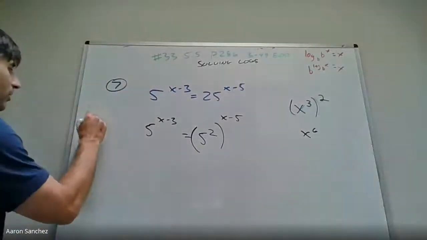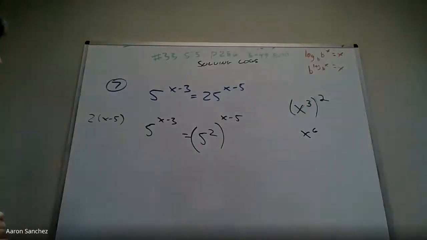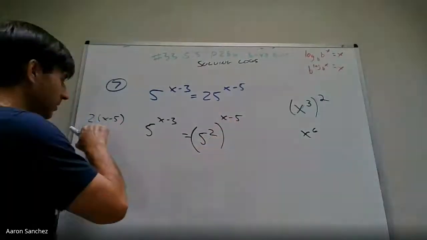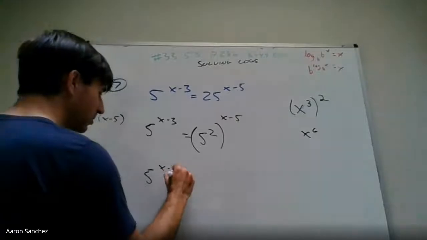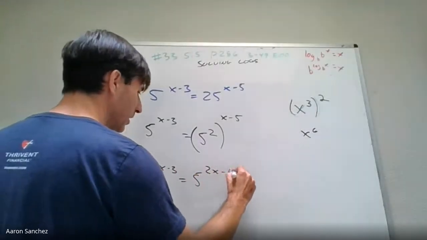I'll write it over here if you can't do it in your head. 2x minus 10. Very good. Remember, this times this looks like this. You just distribute it. And I say 5 to the x minus 3 equals 5 to the 2x minus 10.